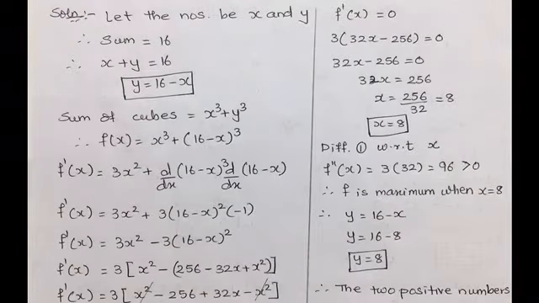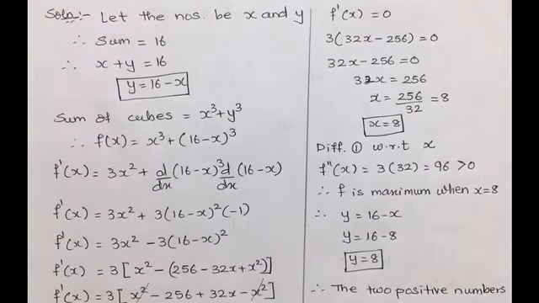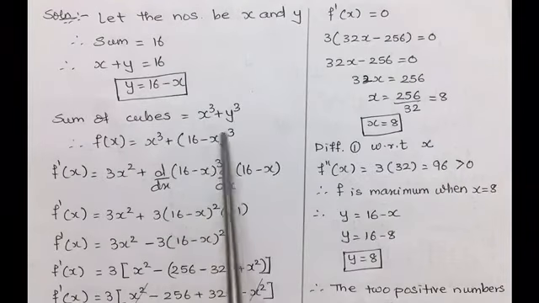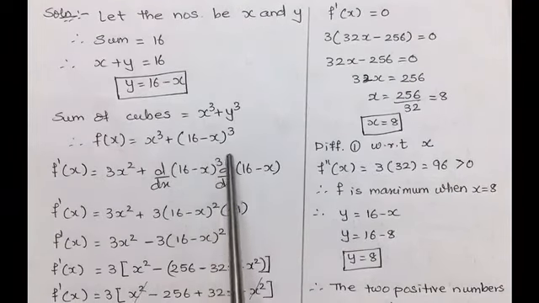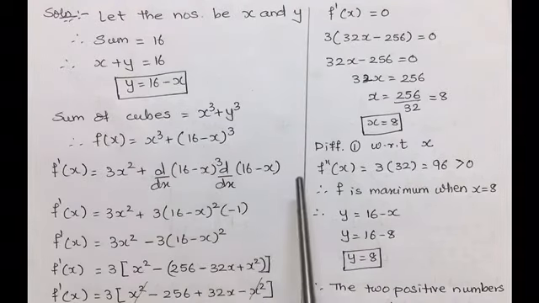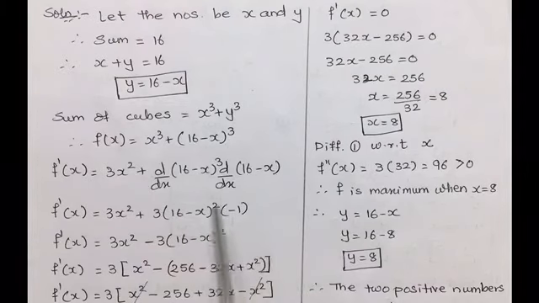First derivative of x cube will become 3x square, and taking up the chain rule here for (16 minus x) whole cube, first is the derivative of power and then the derivative of 16 minus x.